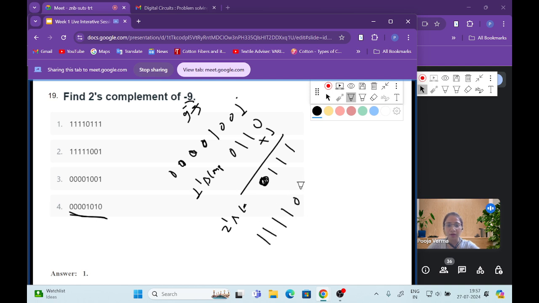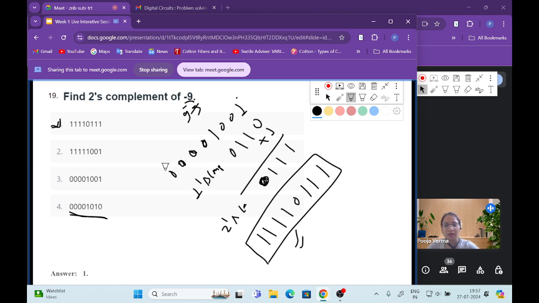It will not affect the 2's complement. So the 2's complement representation of minus 9 is this one, option A, because it is asking for minus 9.